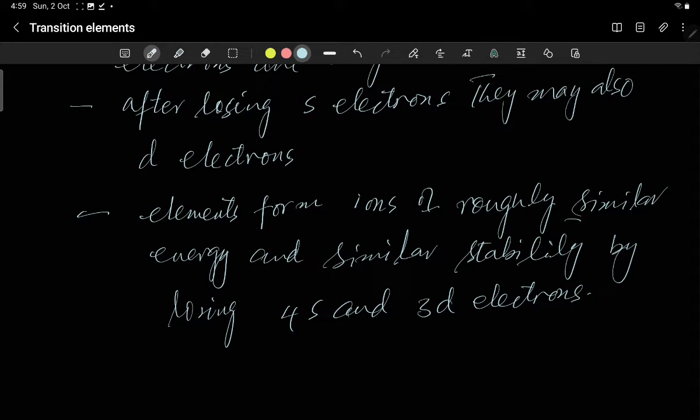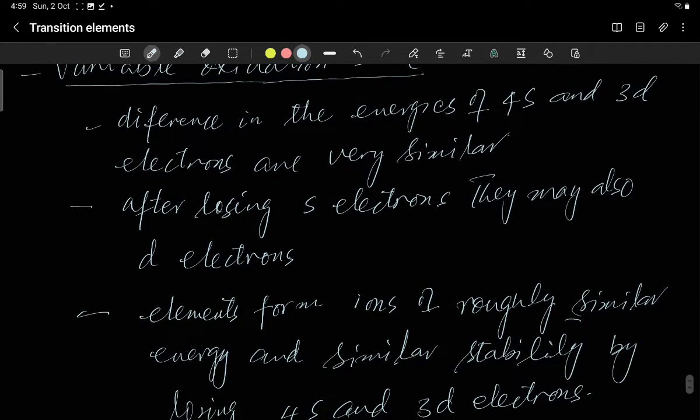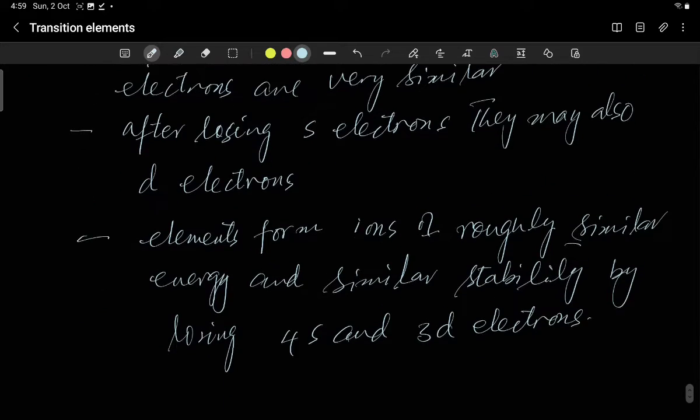Hence these are the reasons due to which transition elements have variable oxidation states.